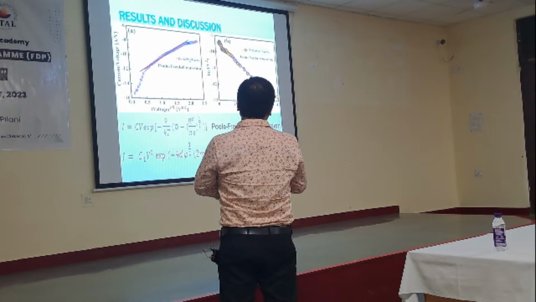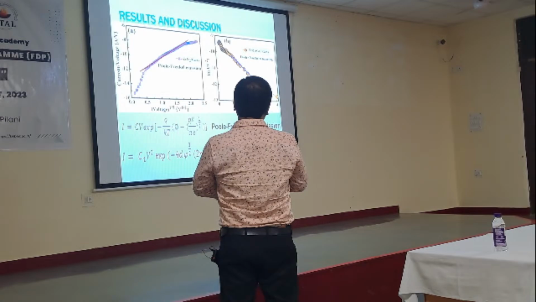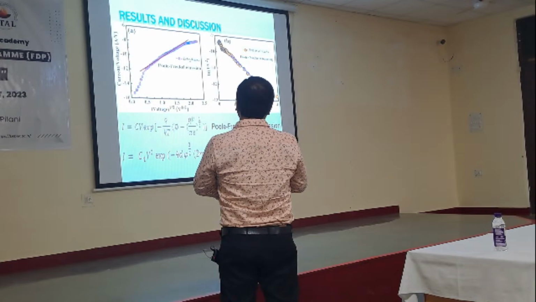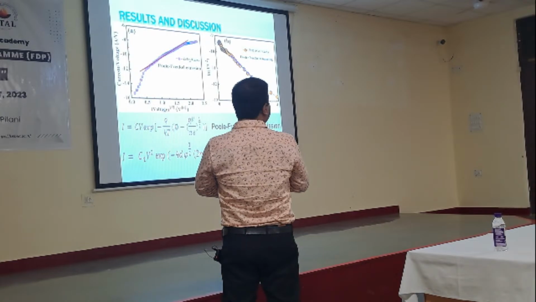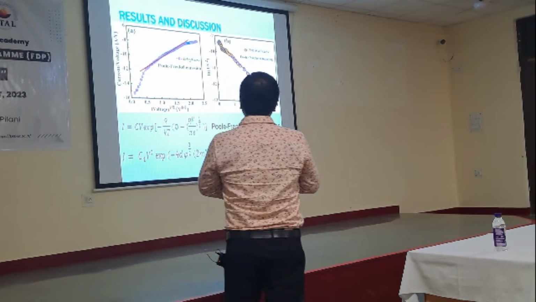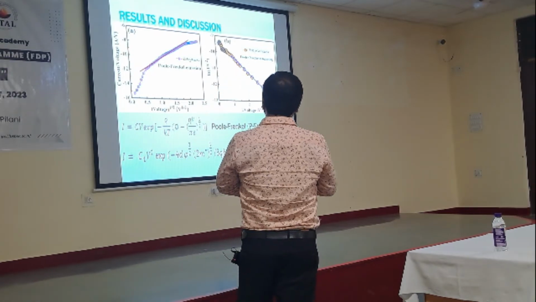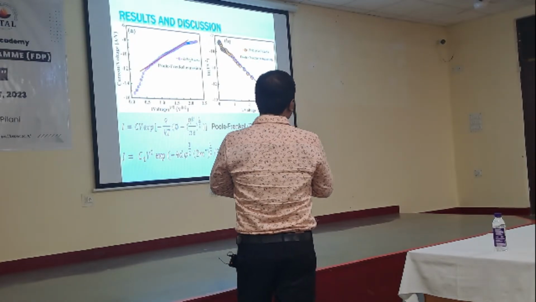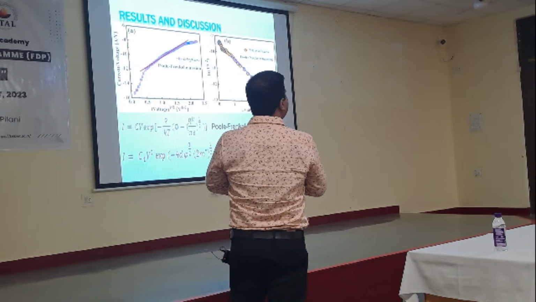From 0.5 to 2.5 volts, if you plot the device with this equation, you get a very linear range. So in this region from 0.5 to 2 volts, you can say that in these devices the carrier transport basically followed Poole-Frenkel emission.